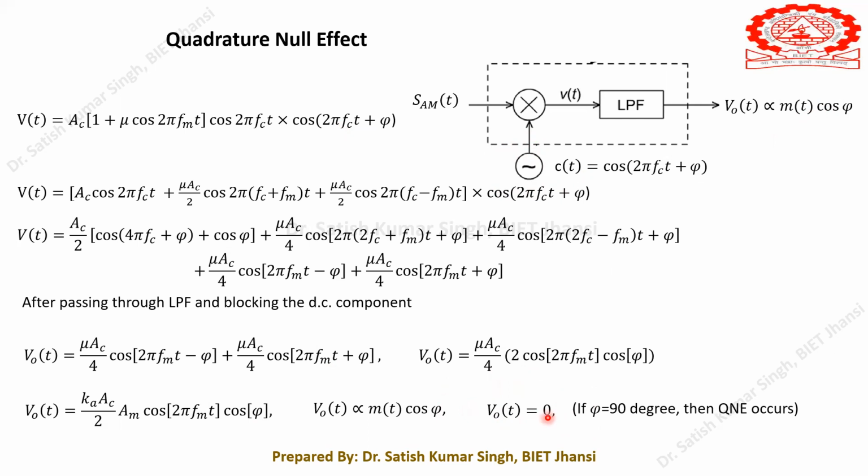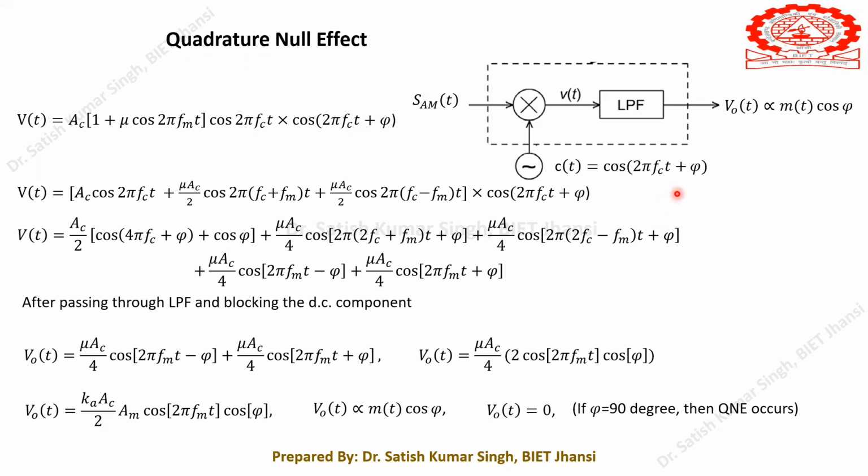This phenomenon in which the message signal at the demodulator is lost is called the quadrature null effect. Why is it called quadrature null effect? Because here the carrier is in quadrature phase with respect to the carrier at the modulator end. When phi equals 90 degrees, it is called quadrature phase.